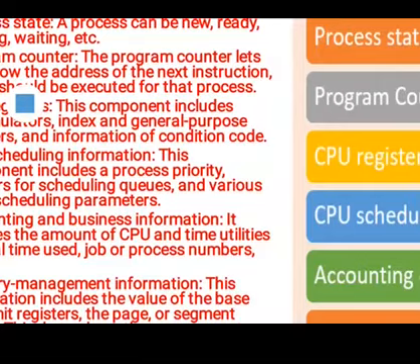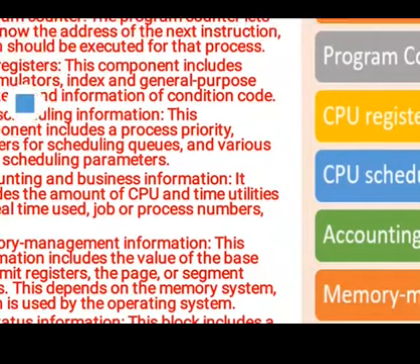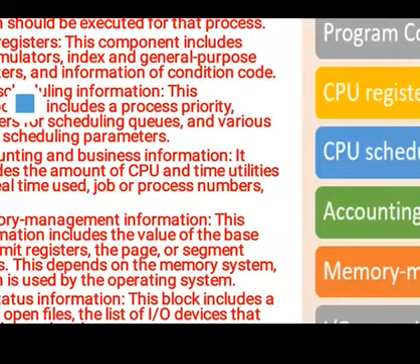Accounting and business information includes the amount of CPU time utilized, real time used, job or process numbers, etc. Memory management information includes the value of the base and limit registers, and the page or segment table, depending upon the memory system used by the operating system.